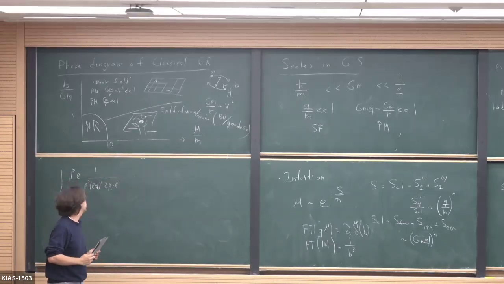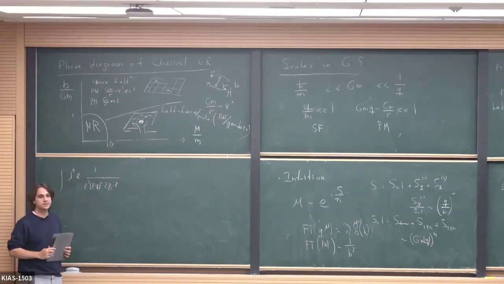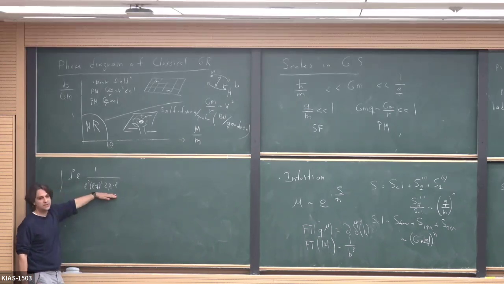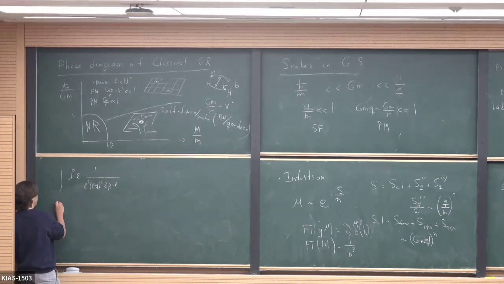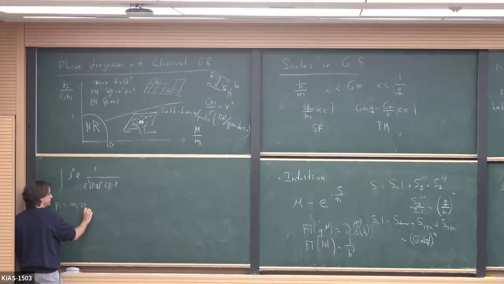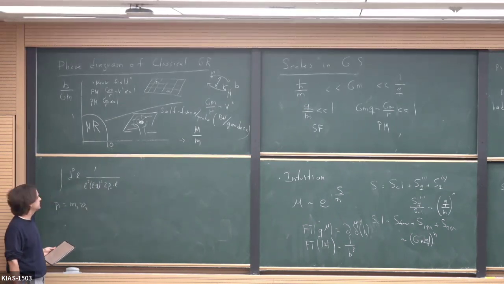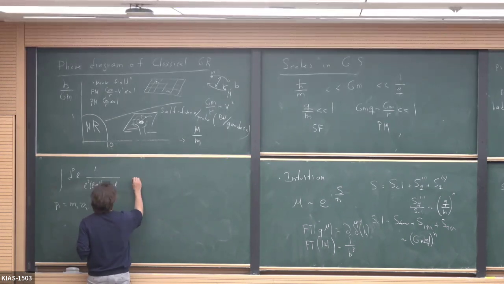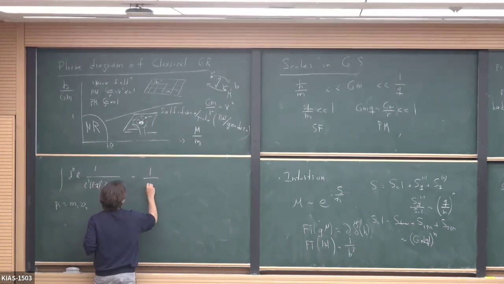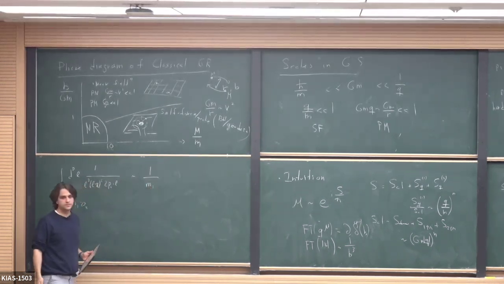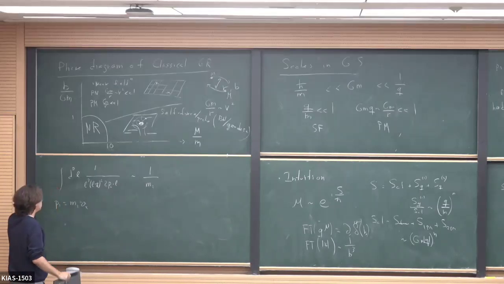Okay, so now this is very easy to understand how it scales under various things. First of all, this is homogeneous in P2, right? So I can write P2 equals M2 times some 4 velocity. And then this completely factors the dependence on the mass. Okay, so we know that this integral is going to go like 1 over M2, right?